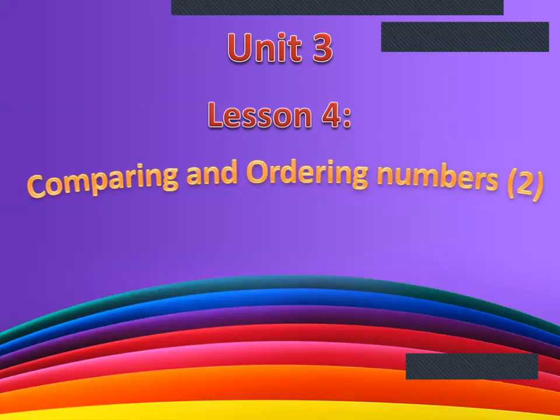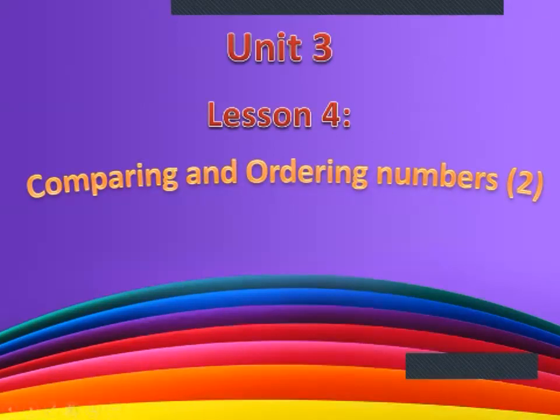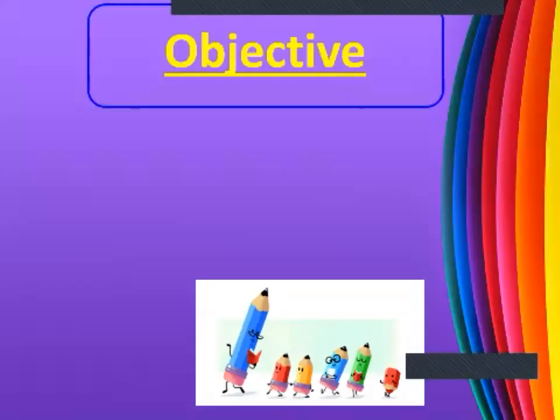So, today we are going to learn Unit 3, Lesson 4, Comparing and Ordering Numbers 2. This already we have learned before, comparing and ordering numbers, just as a revision. Objective. Look at the objective.